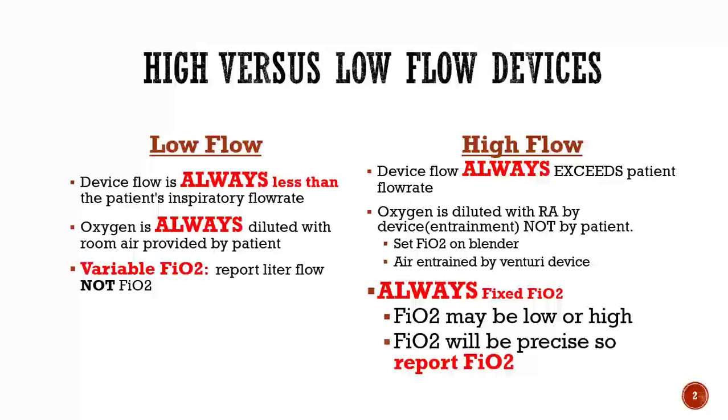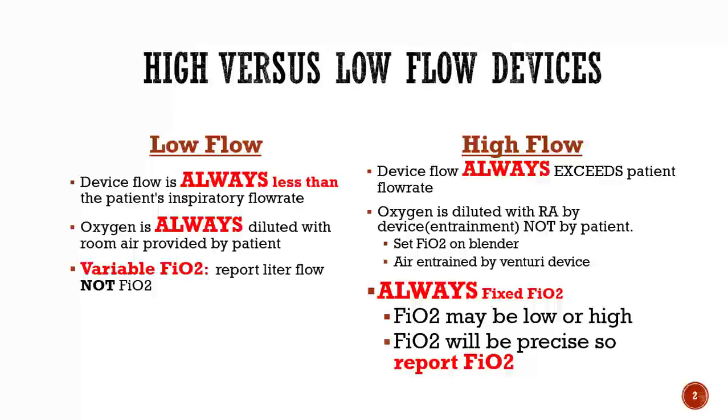On the flip side, a high flow device always exceeds the patient's inspiratory flow rate, which means that all of the patient's tidal volume is being provided by the oxygen device. So if the oxygen is diluted, it's only being diluted by the device itself. For example, on an oxygen blender, there's a proportioner where you can set it to 50%.